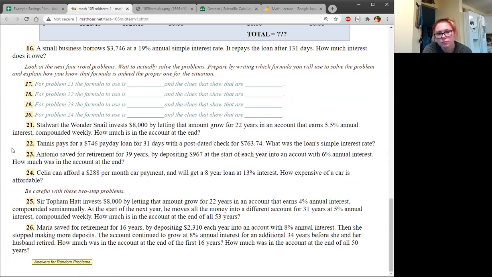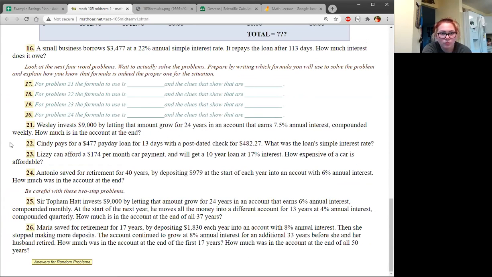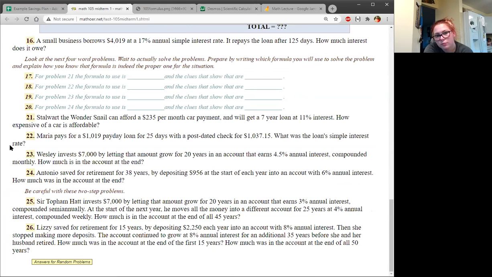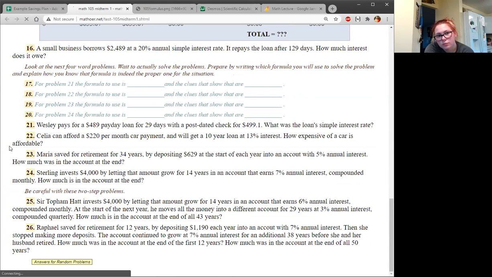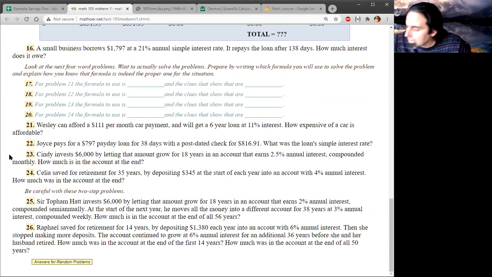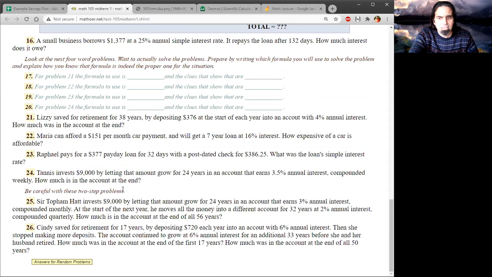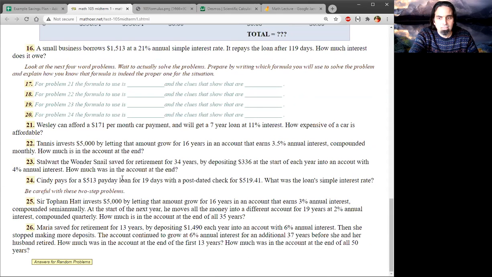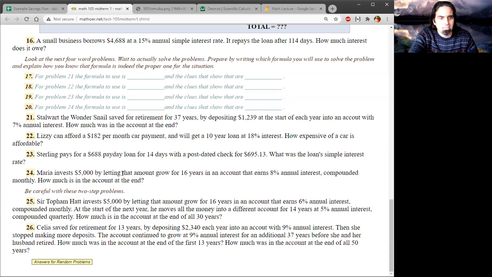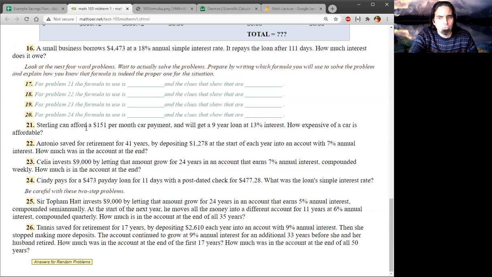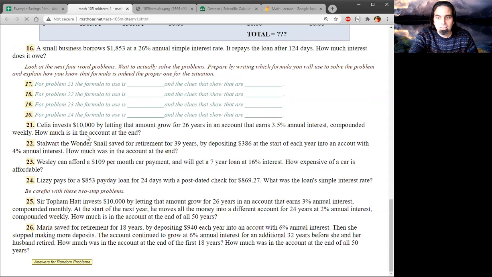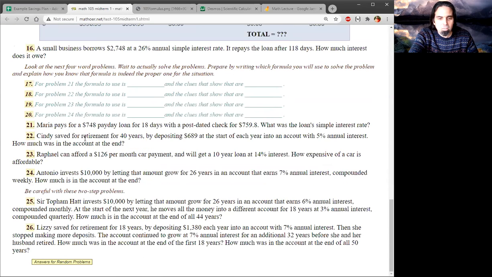Weekly. Sorry. Doesn't say semi-annually often, does it? Okay, I'm going to give up searching for it. I'm not going to put one semi-annually on your test anyway. That would be annoying.